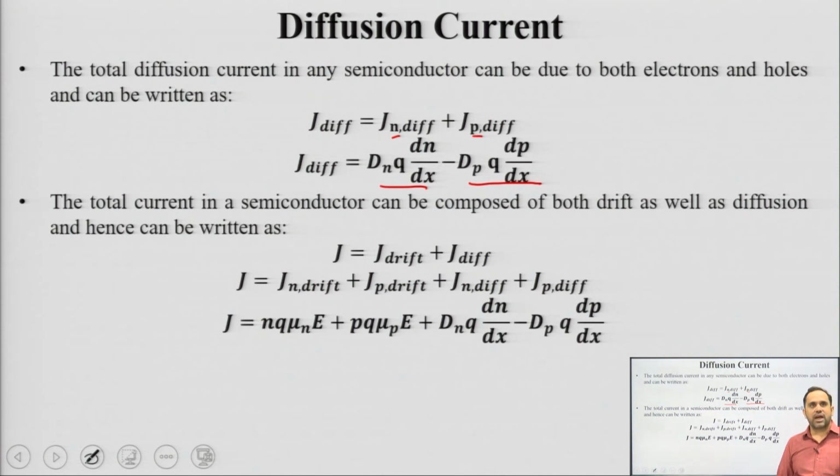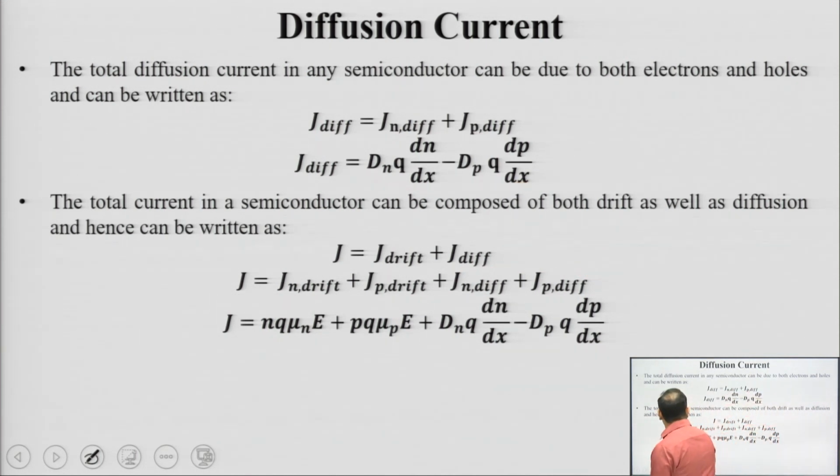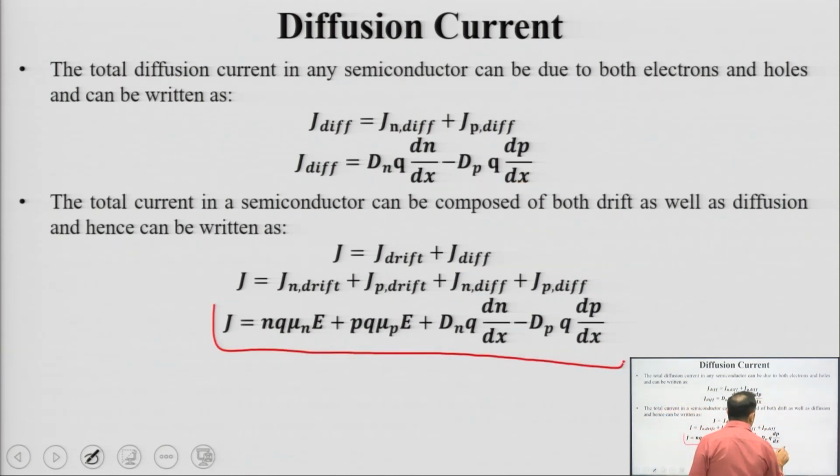Okay. And overall inside a semiconductor, the total current has both drift as well as diffusion current. Drift can be because of both electrons and holes, diffusion can be because of both electrons and holes. So, this last equation is quite important for any semiconductor device.